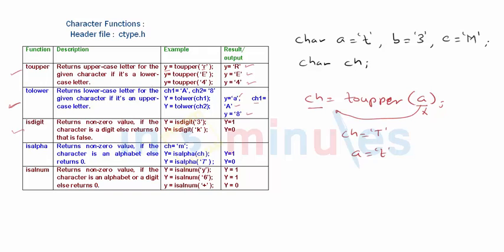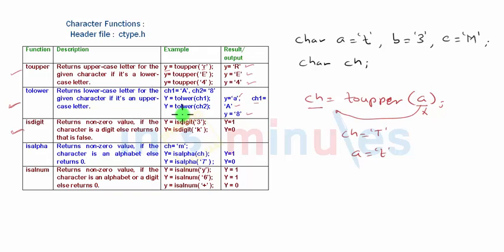Okay, then the functions which are used for checking some kind of character. The first function is isdigit. The function returns a non-zero value if the character is a digit, else returns 0, that is false. So the function returns a non-zero value to indicate true and returns 0 to indicate false. All these functions work the same way, only their operation is a bit different.